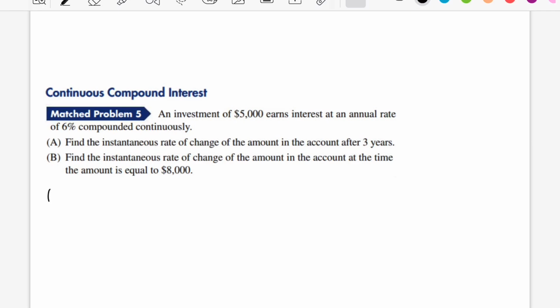So we know that we're dealing with continuous compound interest. So our amount is going to be represented by that guy there. And so after t years, our amount is going to be our principal, which was 5,000, times e to the power of our rate, which is 6%, times t.